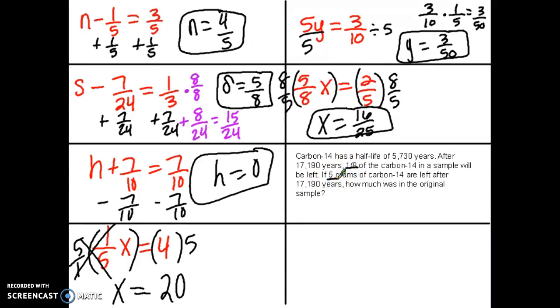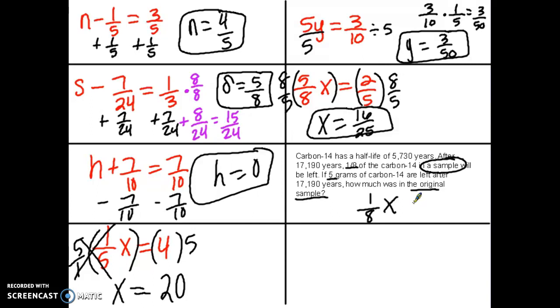So when you're doing word problems, pull out the important information. Carbon-14 has a half-life after 17,000 years. 1/8 of the carbon in a sample. So a sample is what we're looking for. We're looking for how much is in the original sample. So 1/8 of that sample. That means 1/8 times that sample. 1/8 x. 1/8 of the carbon-14 in the sample will be left.